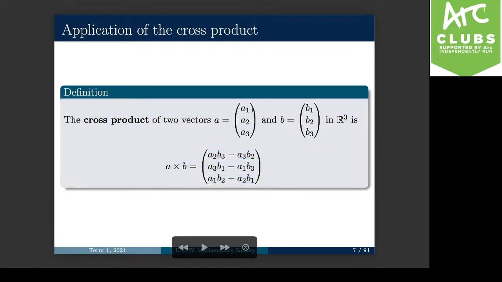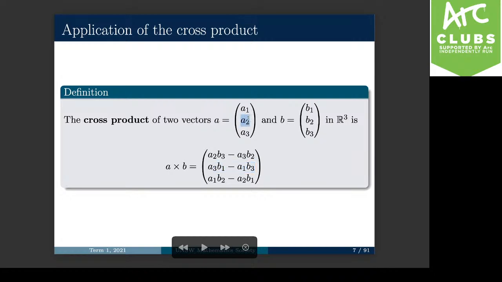You can just cover, so how to find the first row. You just cover the first row of A and first row of B, and then you just do cross. So it's just A2 times B3 minus B2 times A3, which is the first row of the formula. And then the second row, how do you find the second row?